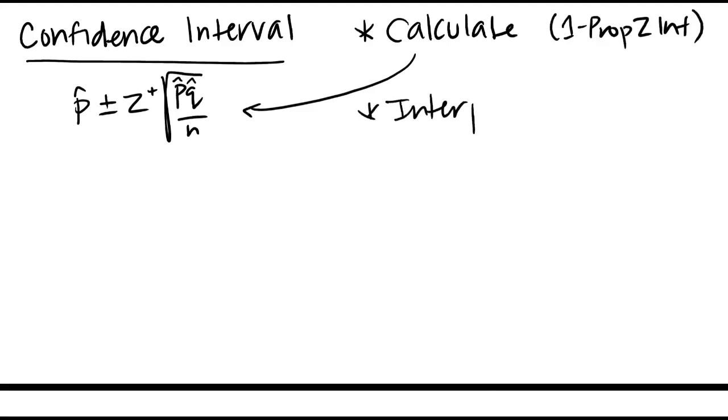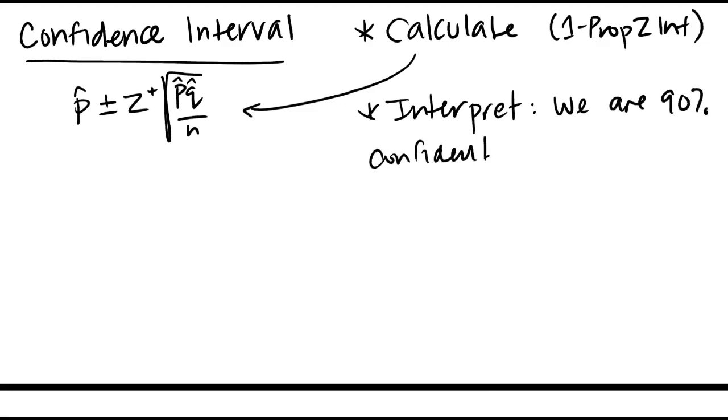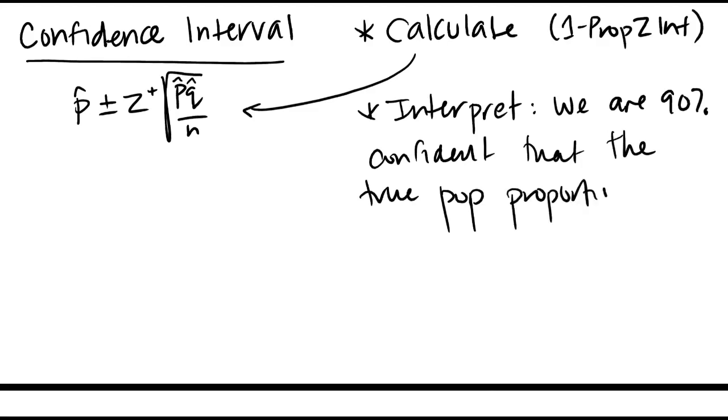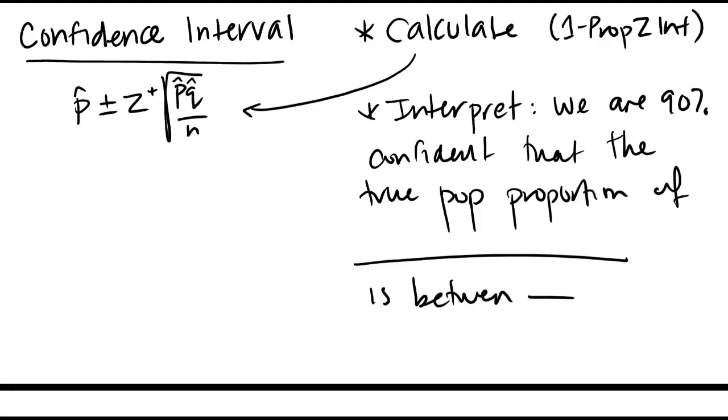What does this interval tell us? And remember our interpretation, this is something you go in your note card. We are 90% confident that the true population proportion of whatever we're talking about is between your lower bound and your upper bound, right?